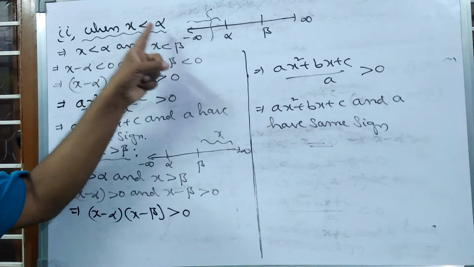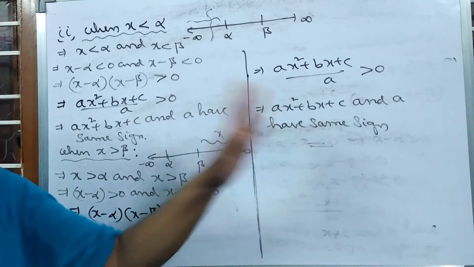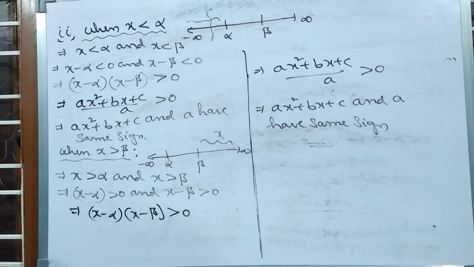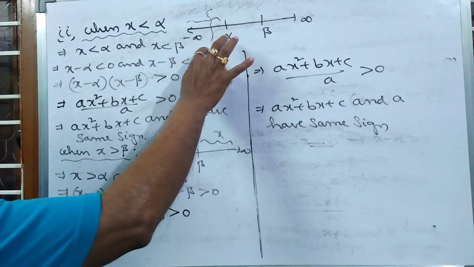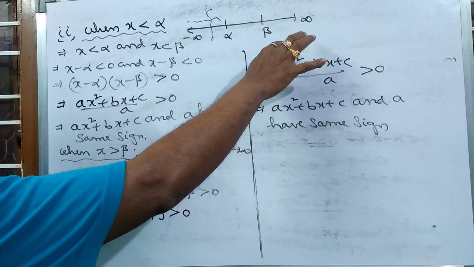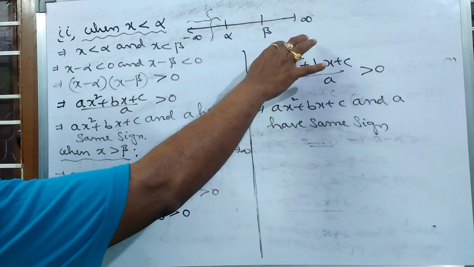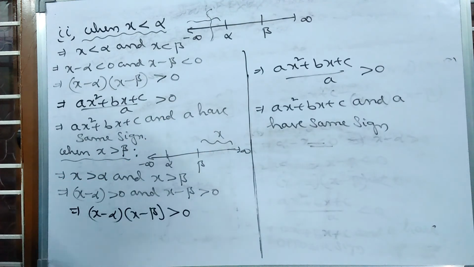But whenever x is less than alpha or x is greater than beta, then these two will have the same sign. That means whenever x lies here or here, ax square plus bx plus c and a have the same sign. But whenever x lies between alpha and beta, they have opposite signs.